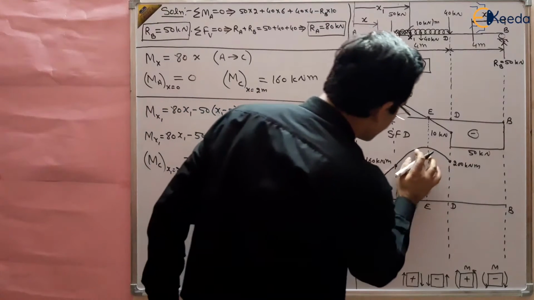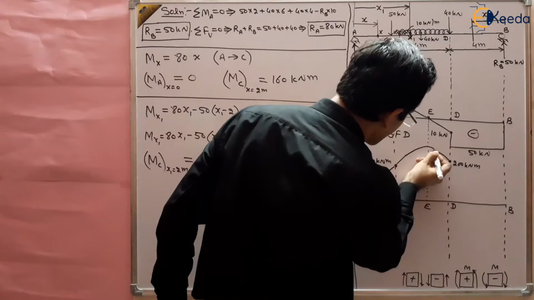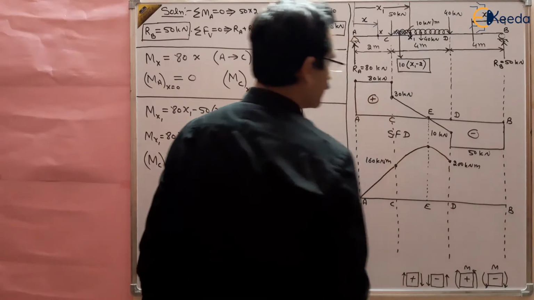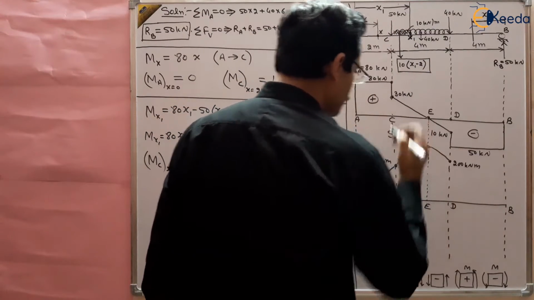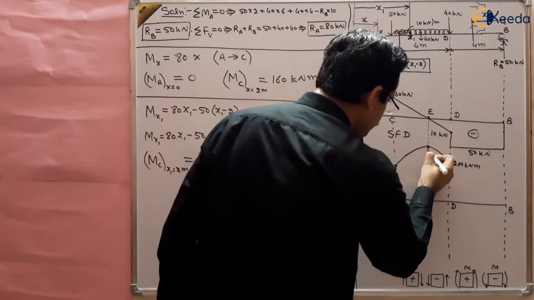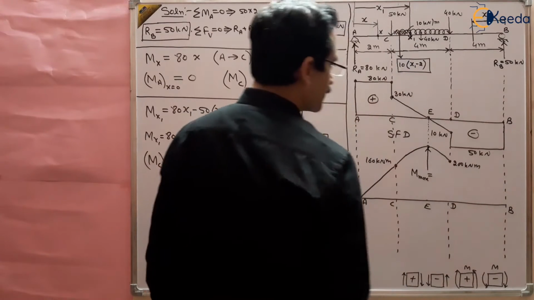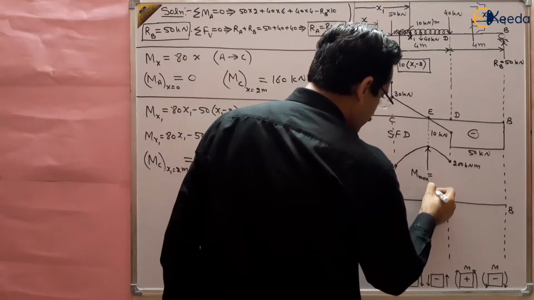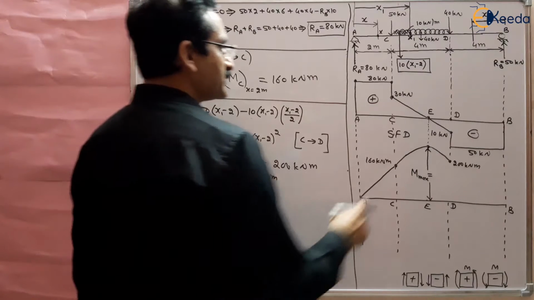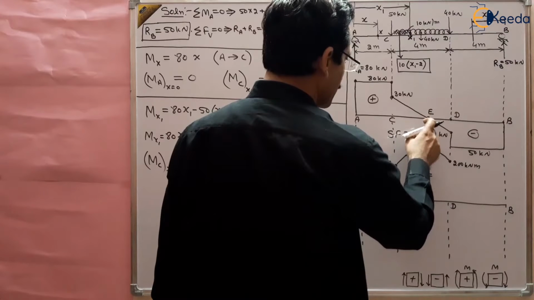Where the peak, the maxima, is at this point. This is the M max. And for M max, the shear force should be equal to 0. So let us find out later what the value of M max is.